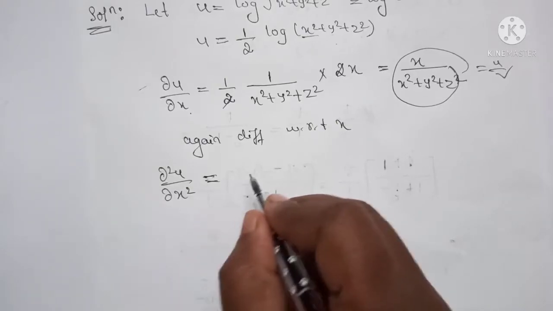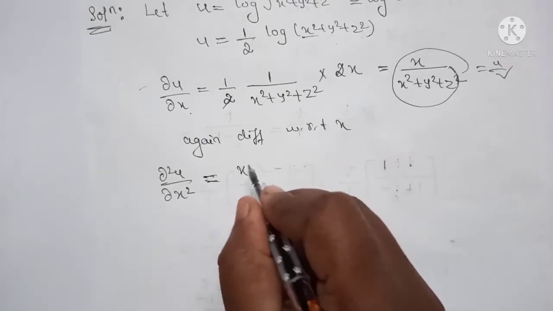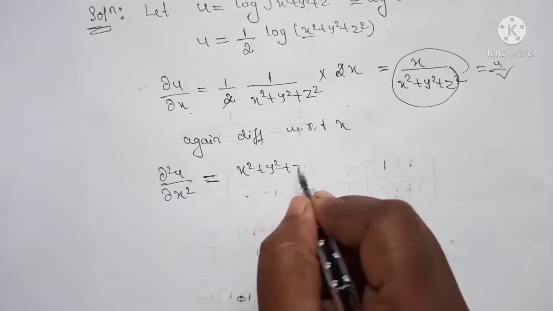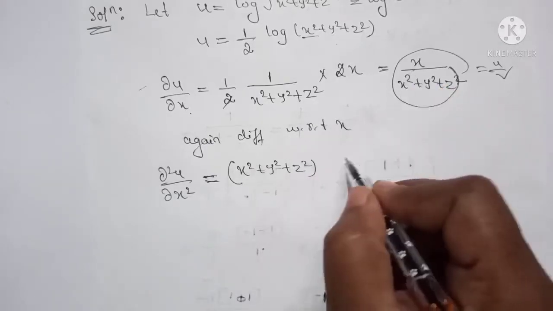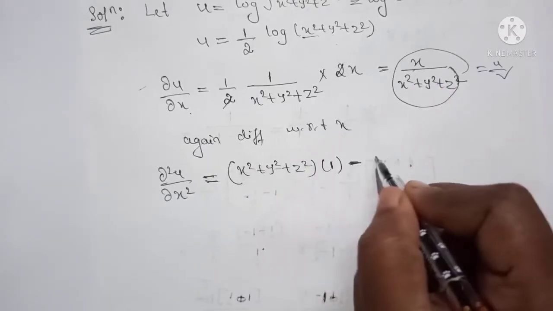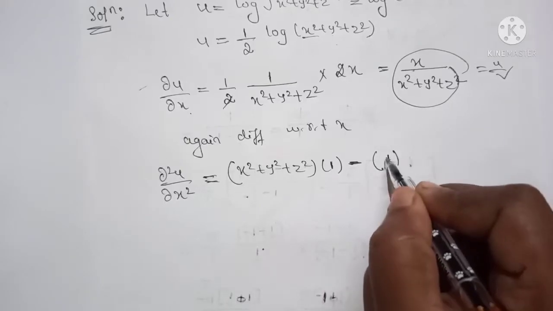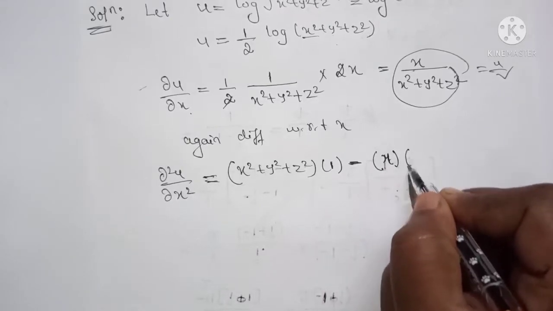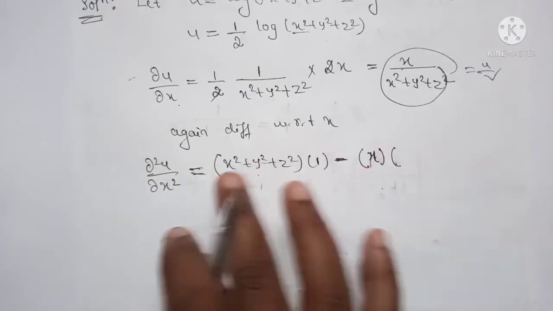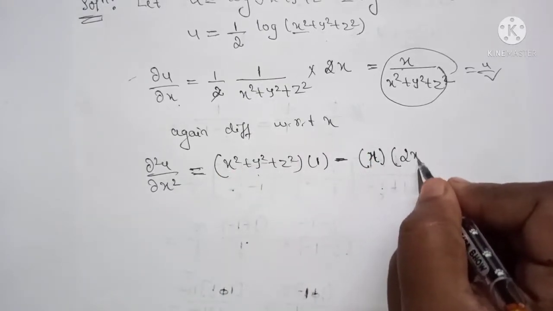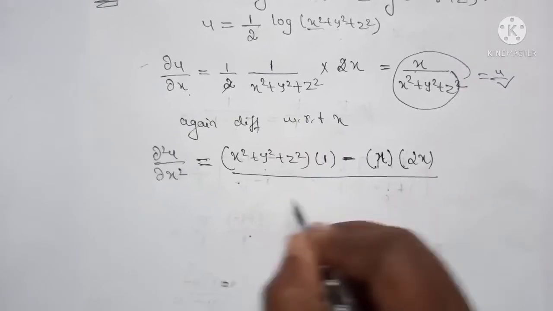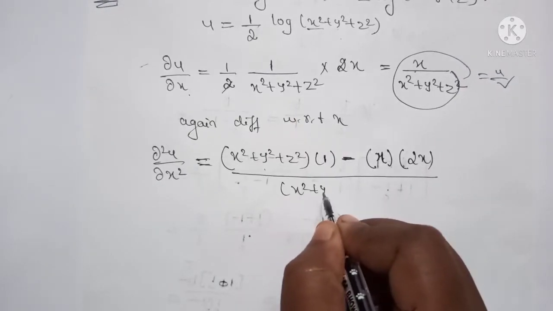For this we keep the denominator as it is, differentiation of numerator which is 1, minus numerator as it is, that is x, differentiation of denominator with respect to x is 2x, divided by denominator square.